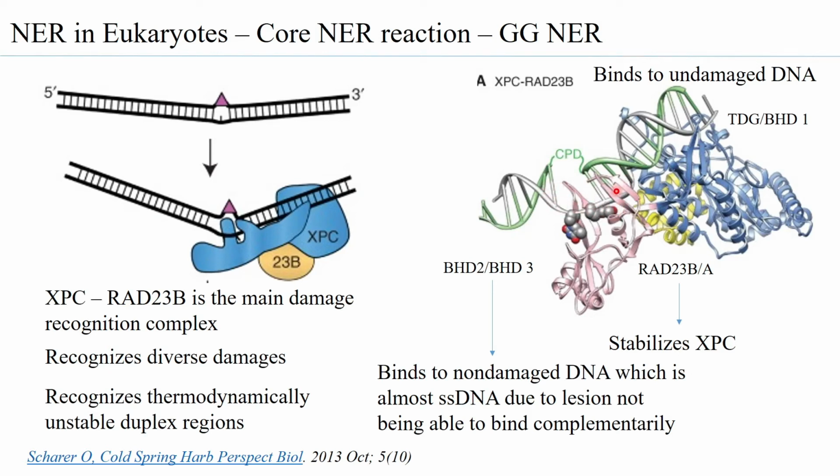a single-stranded DNA, because at this lesion point, because of the thymidine dimer not binding to the nucleotides present opposite, you will have the DNA duplex a little distorted or a little open, and hence this binding of the nucleotides that are present in this region where there is a lesion, the domain is able to rotate it to bring it to bind to the BHD2 and BHD3 more closely.